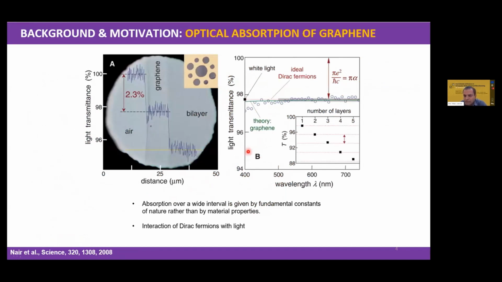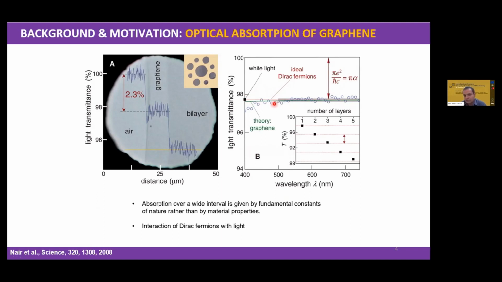Graphene has an extremely strong interaction with light. A single layer of graphene is able to absorb about 2.3% of the light. That is just a number, but the interesting thing is that no material parameters whatsoever appear in the optical absorption of graphene. It's given just by a fundamental constant, the fine structure constant. As you can see here, the absorption of graphene is pi e squared upon h bar c, which is consistently maintained across a wide wavelength interval.